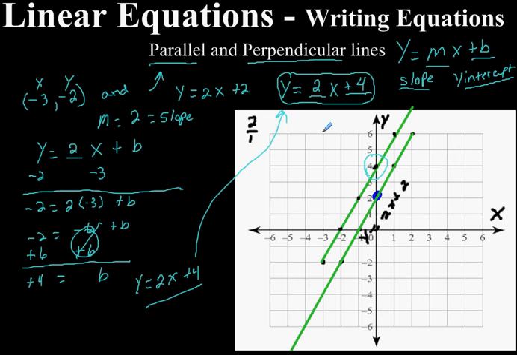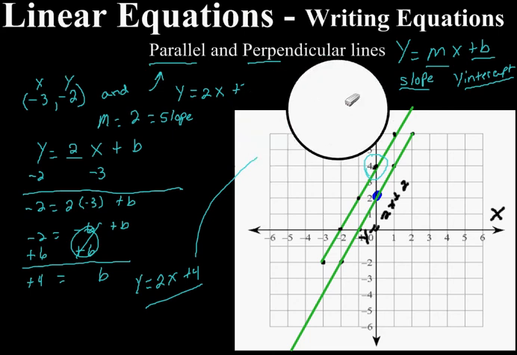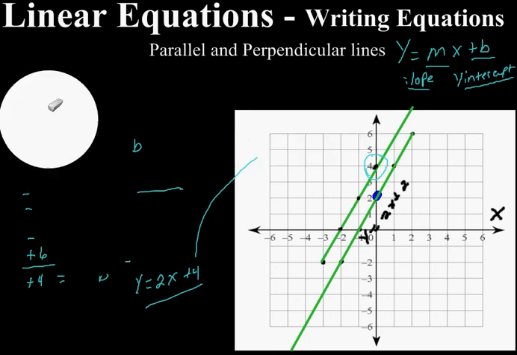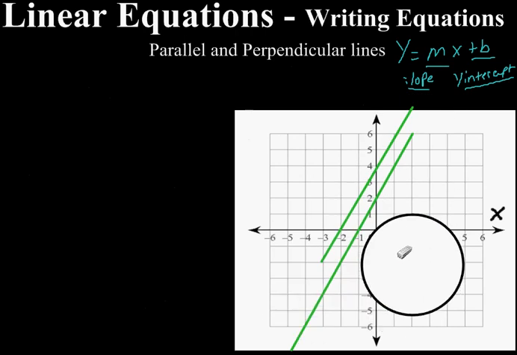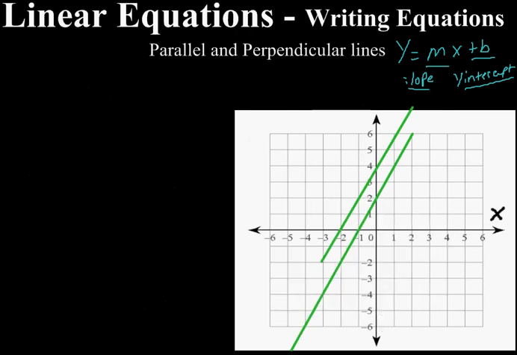Perpendicular is a little bit different. Let me erase what I have. Okay. And what we're going to do is use the exact same problem. Here's our equation. Here's our line.